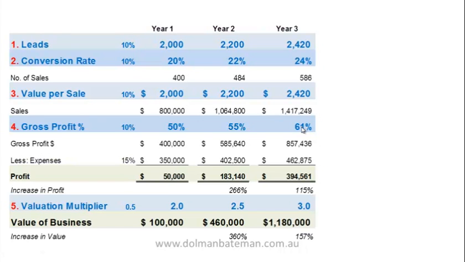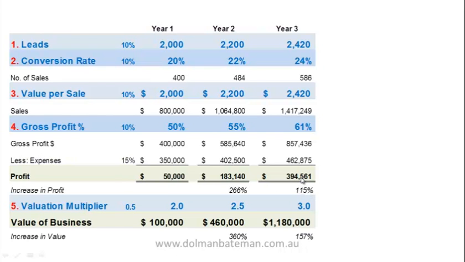Now, going back to that, we'll discuss what's involved in gross profit. And as I discussed before, it's slightly different to what you'd expect most accountants would look at in terms of determining gross profit. And we've increased expenses again. So we've now got profit up to almost $400,000, 115% increase.